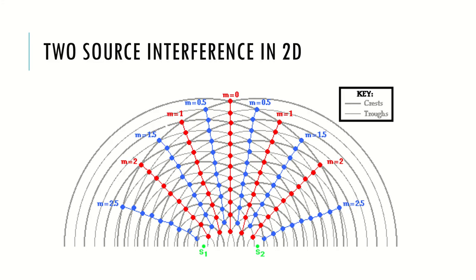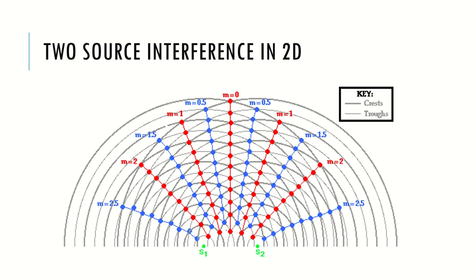Now here we have two sources of light. The dark lines are the crests of the wavelength, and the thinner lines are the troughs. So basically, these two light sources here.